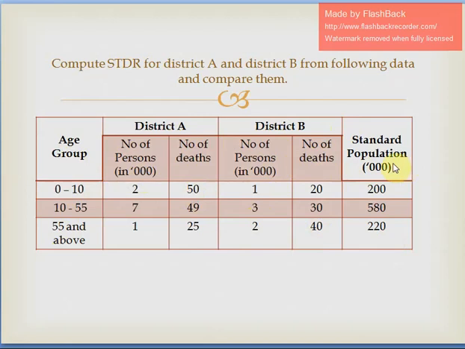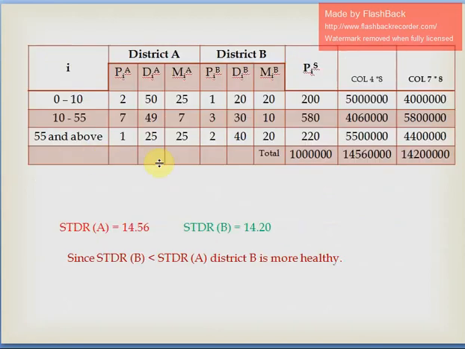So we need to calculate the standardized death rate for district A and district B. For this, what we need is the age specific mortality rate. In this example, I is known.